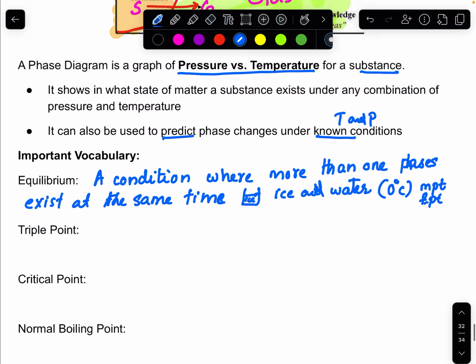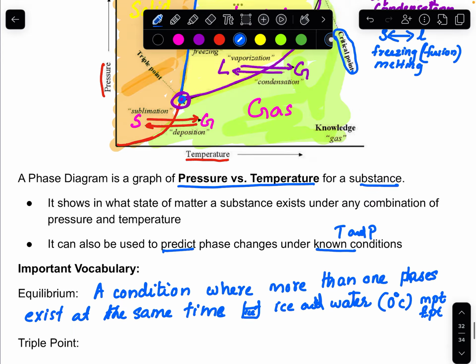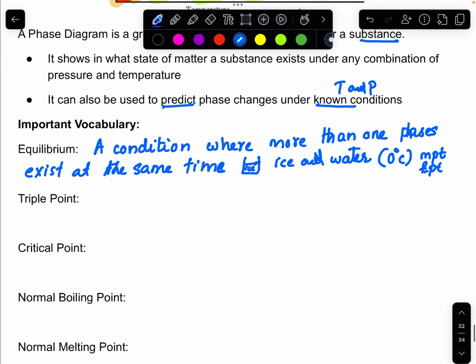Then triple point, the temperature and pressure at which three phases exist in equilibrium. You already explained that, okay? So it is a point in a phase diagram.